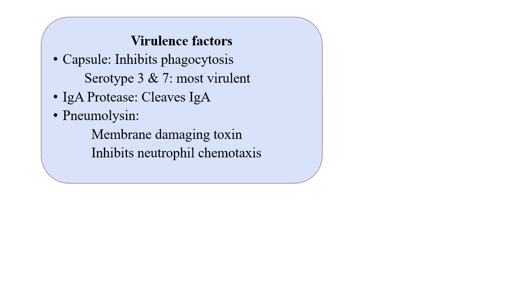What are the virulence factors? The virulence factors are capsule, which inhibits phagocytosis. Serotypes 3 and 7 are the most virulent. It produces IgA protease. It also produces pneumolysin, which is a membrane damaging toxin and inhibits neutrophil chemotaxis.